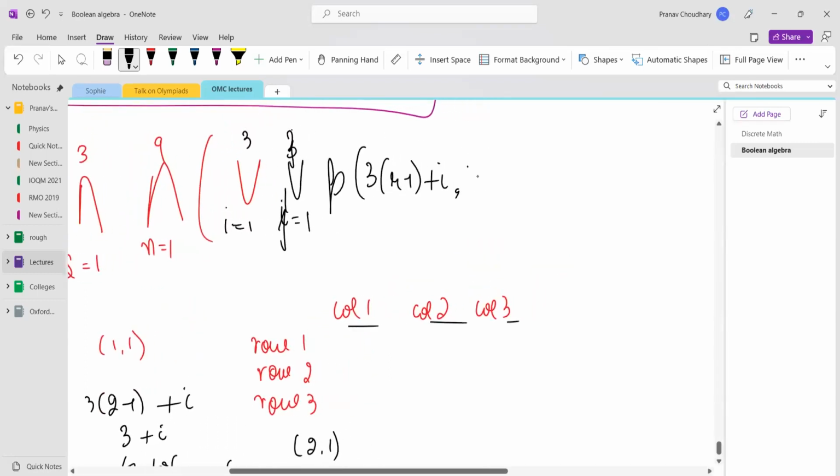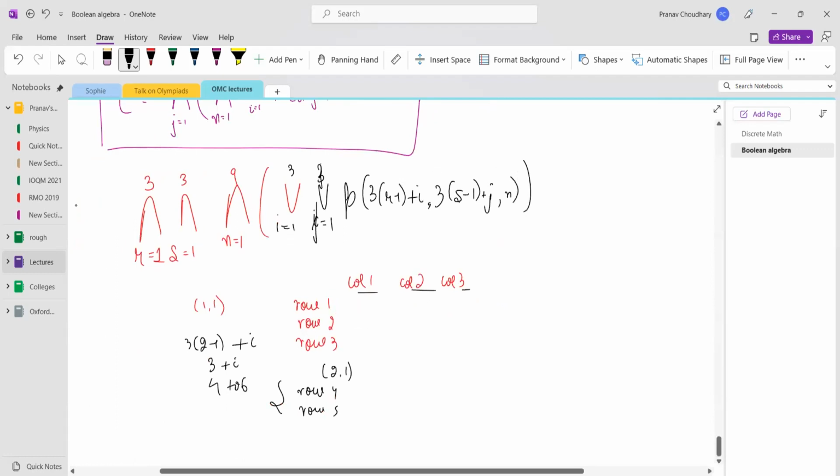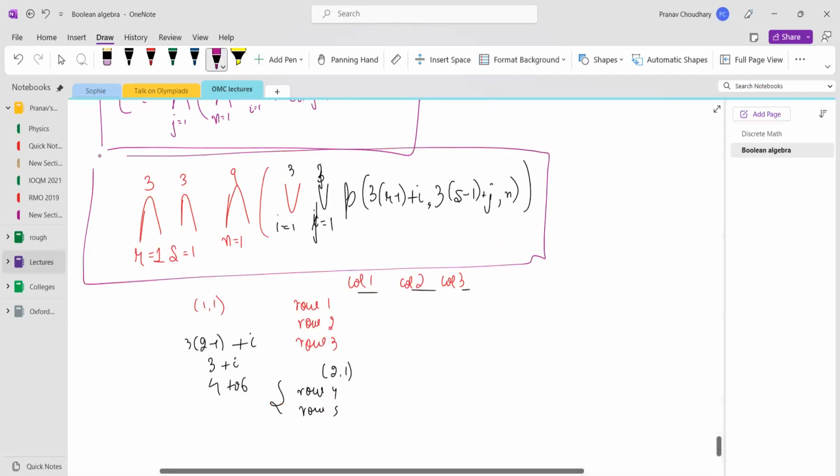So P of 3R minus 1 plus I, comma, similarly we get 3S minus 1 plus J, comma, N. It's slightly hard to get the hang of it in the first go, but once you try it yourself manually, you'll see why we want this condition.